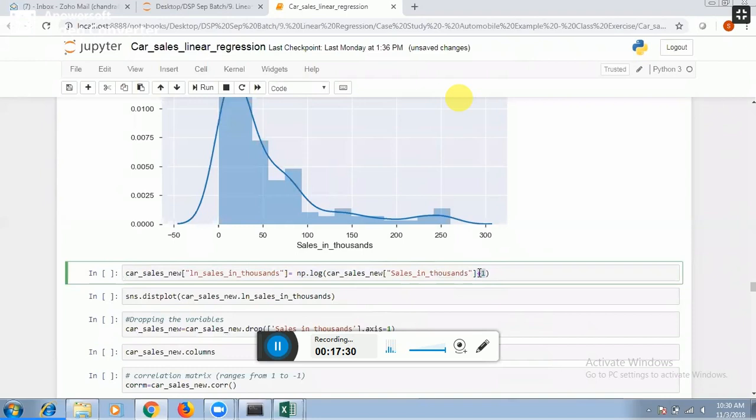What does this mean? Why am I doing that? It is not a constant. Basically, log works solely on positive values. Suppose log 0. Can you define log 0? You cannot define it. In that kind of situation, if sales is sometimes 0, you will get an infinity value or something.